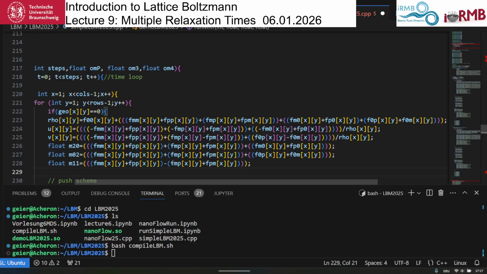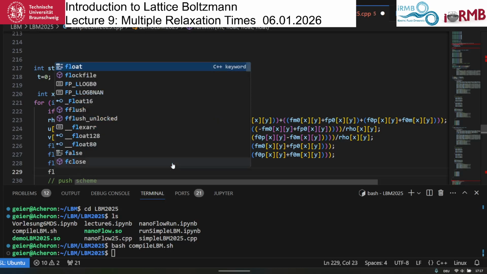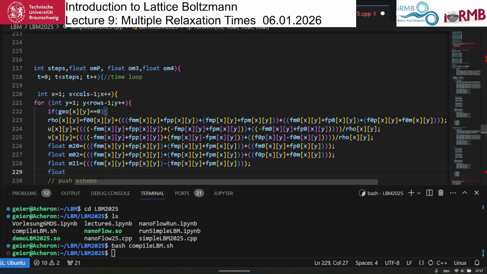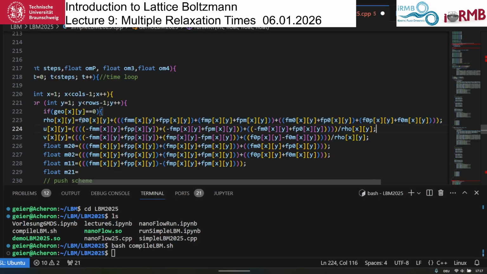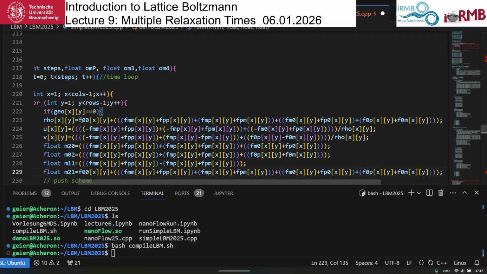3 out of 6. Float M21. This did not work. I'm going to use Mathematica for the back transform.